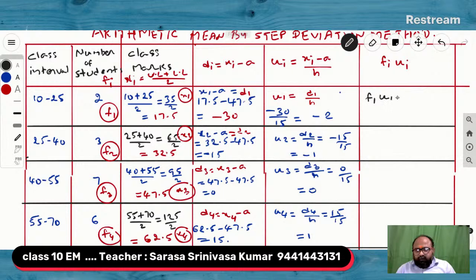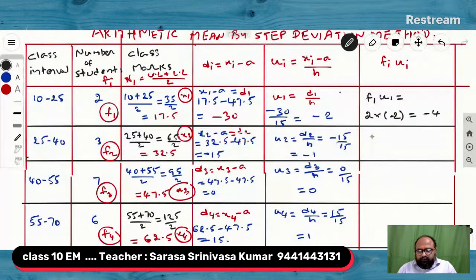F1 is 2 and U1 is minus 2, so F1 U1 equal to minus 4.